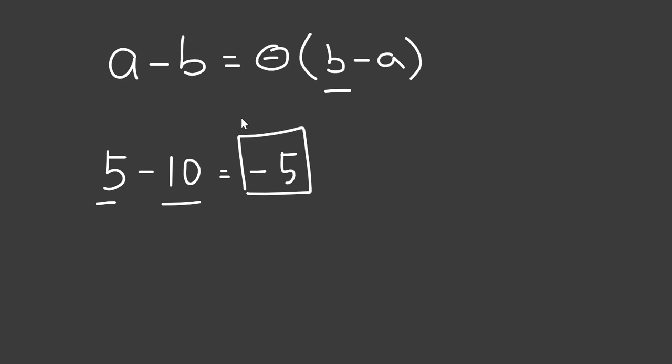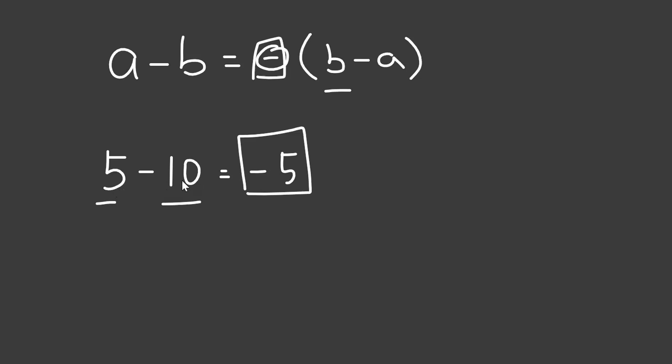You can't use this unless you really know how negative signs work, which we will go into tomorrow. If b minus a is a negative number, that would mean that a is larger than b, so you really don't need to.